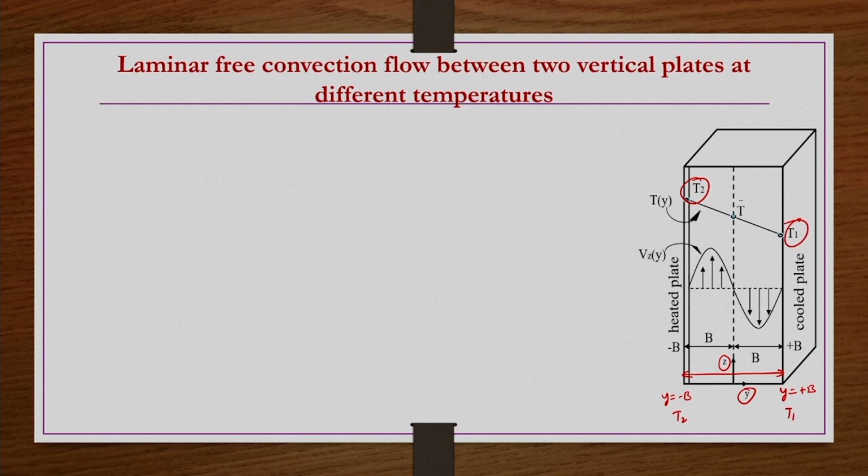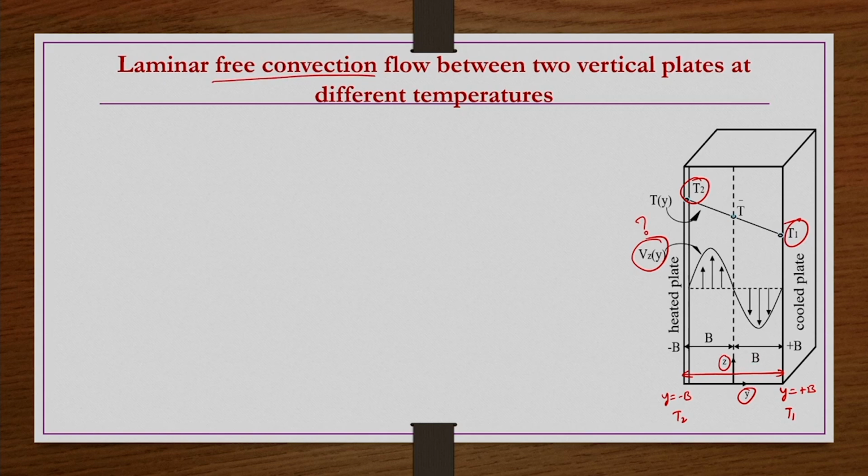Now, what we have to find out in this problem is the velocity distribution. Just pictorially it is shown as a parabolic profile, but it may not be true. Okay. So, we have to derive it. In this problem we are talking about laminar free convection flow.